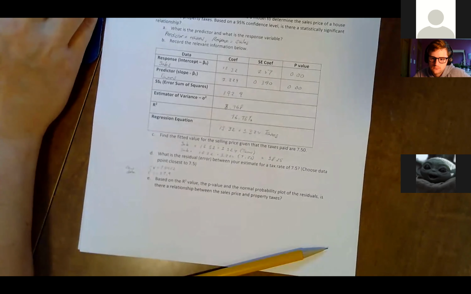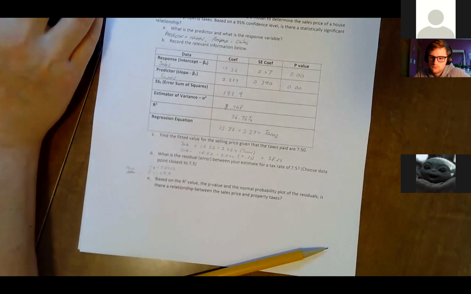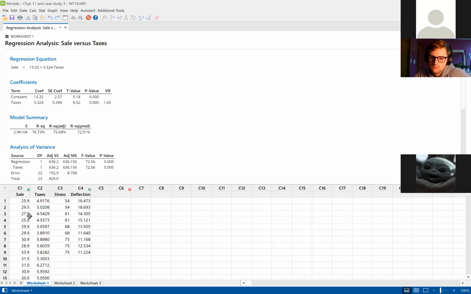So if I go back to Minitab and I scroll down here, given that the tax rate is 7.5, I'm going to look in this tax column. I'm just going to scroll through all the data points and look for the one that's closest to 7.5, and it's data point 19.